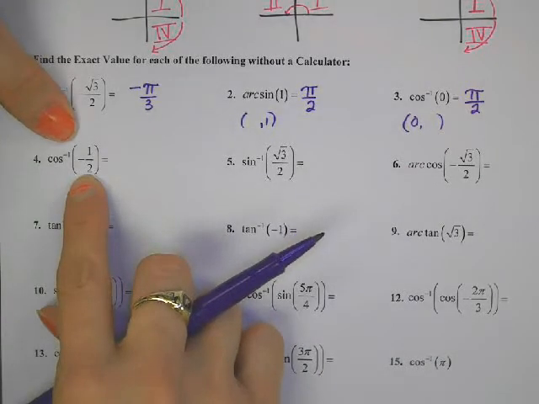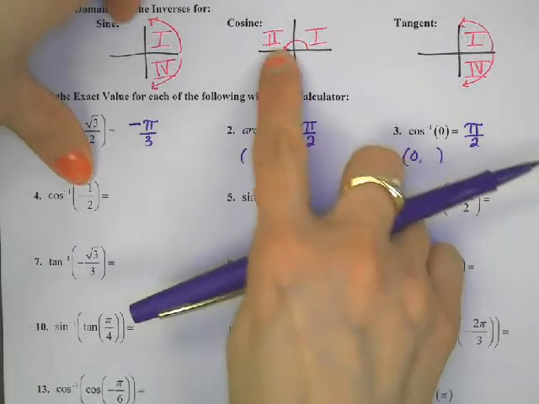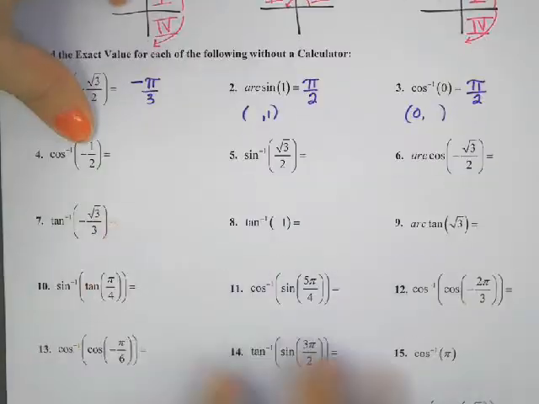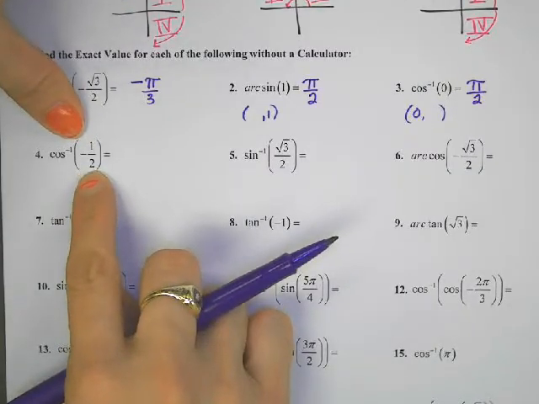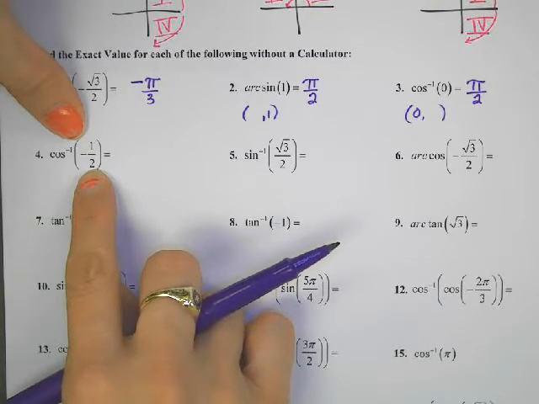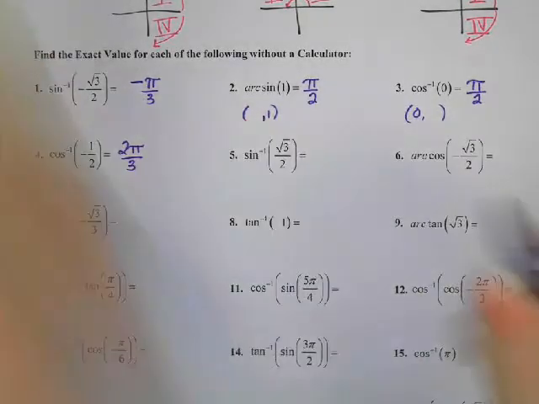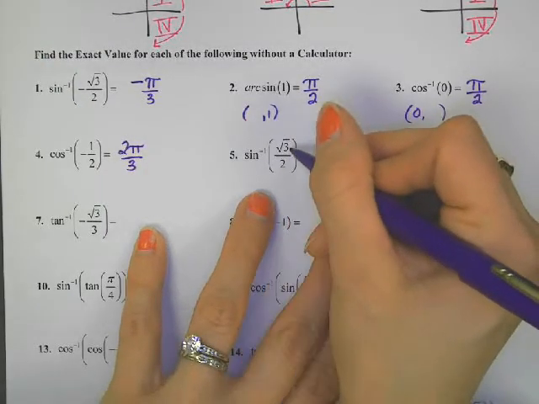Okay, cosine inverse. You're allowed to look in quadrants 1 and 2. Since it's negative, put your brain in quadrant 2. What angle am I thinking of? 2 pi over 3. Sine is positive.